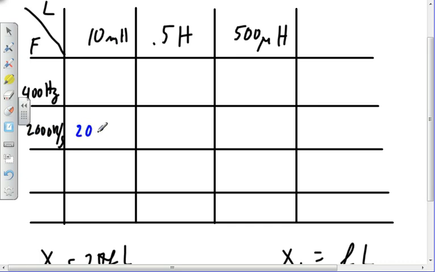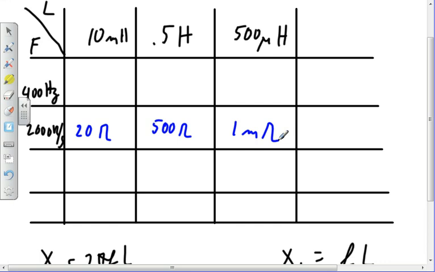So this would be 20 ohms. 0.5 Henry would be half of that, would be 500 ohms. 5,000 micro. Okay, so if we move the decimal point 1, 2, 3 places, that would still be milli. So that would be 1 milli ohm. And you could probably put those in your calculator if you really wanted to.